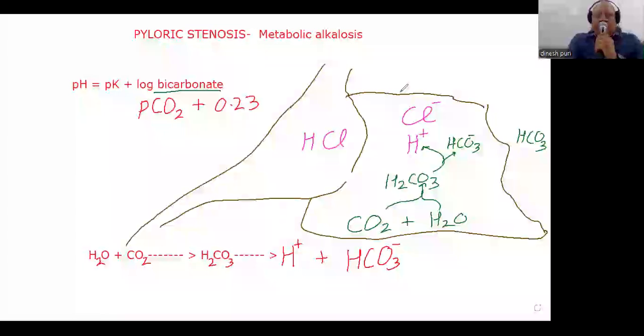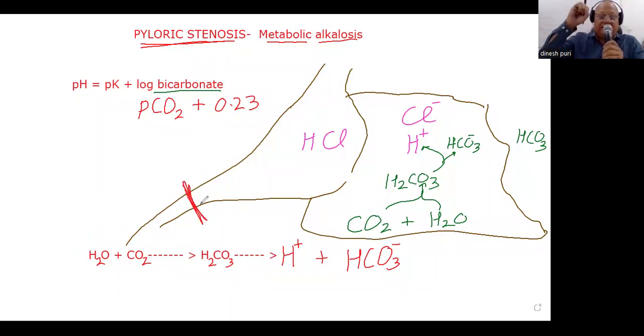Good afternoon. In continuation with the earlier class, we are going to see now a case of alkalosis, and that also metabolic alkalosis. Why in pyloric stenosis does metabolic alkalosis occur? But first, pyloric stenosis, there is some stenosis.